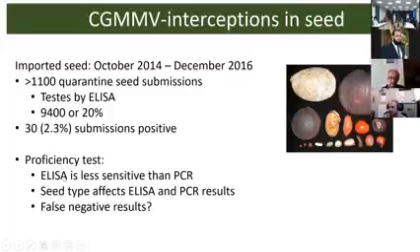And seed type affects the ELISA and PCR results. They also had false negative results. This is how CGMMV was imported into Australia. You can see here 2.3% of the tested seed lots were positive.